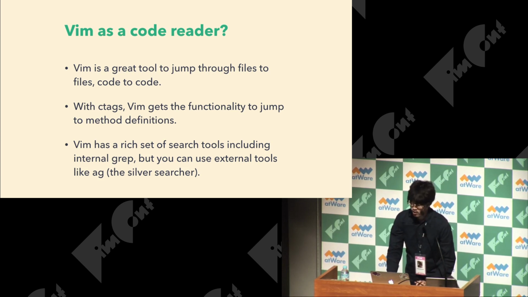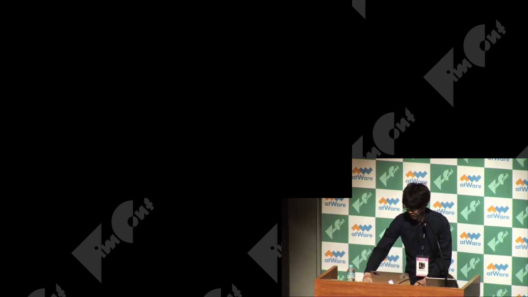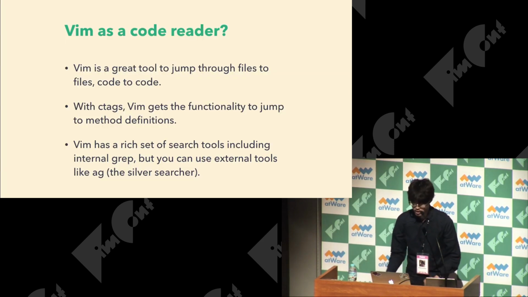Code reading. Vim as a code reader. Vim is a great tool to jump through files of files. With syntax, Vim gets the functionality to jump to method definitions, and Vim itself has a rich set of search tools, but we can also use external tools like AZ.